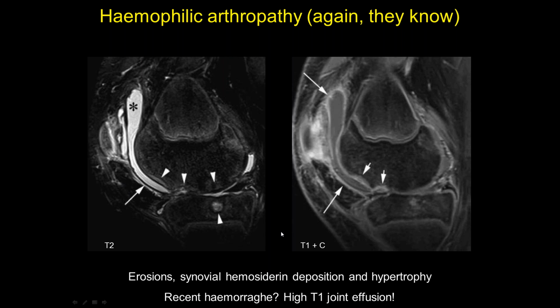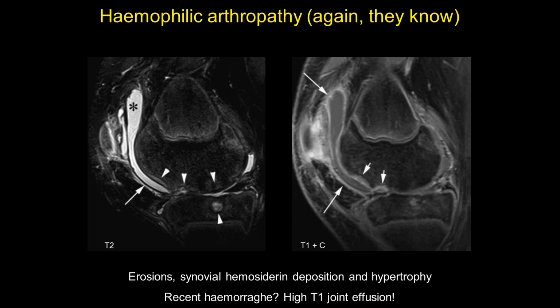There's obviously the synovial hemosiderin deposition, because the synovium will eat the blood, so to say, and because of the inflammation, it'll hypertrophy. So they want to know, what is going on with the joint itself, the structural lesions? Is this still a good joint, or is there a lot of damage already?